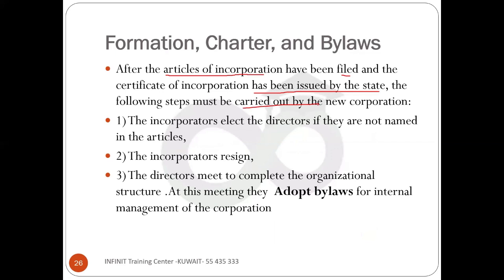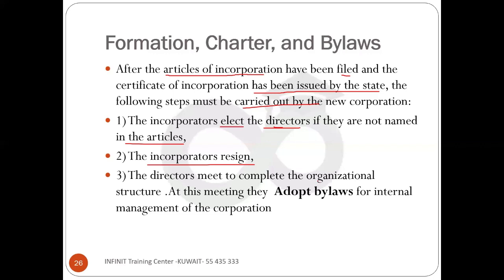The incorporators will elect directors if they are not named in the articles. The incorporators who were initially forming the company will elect the new directors if their names are not there in the articles. Then incorporators will resign.